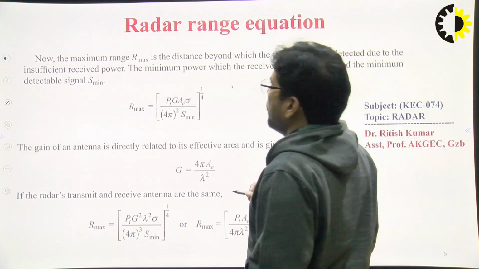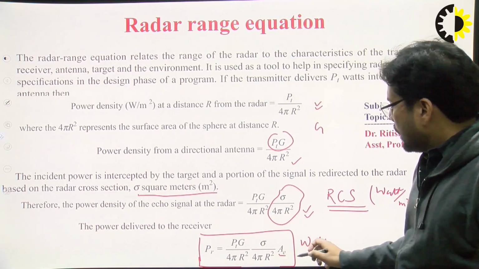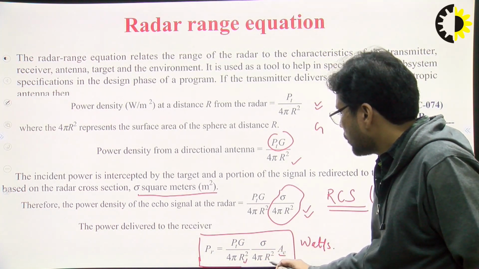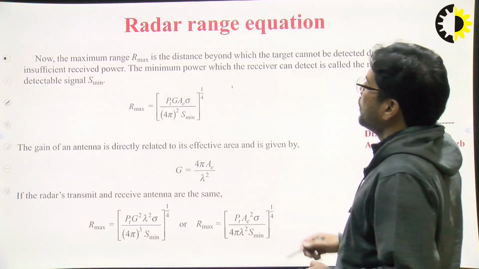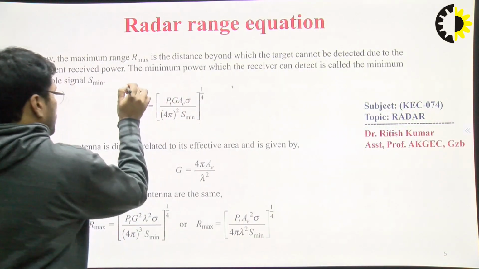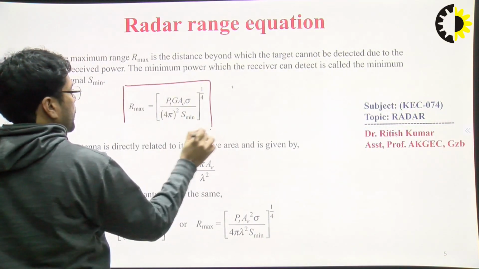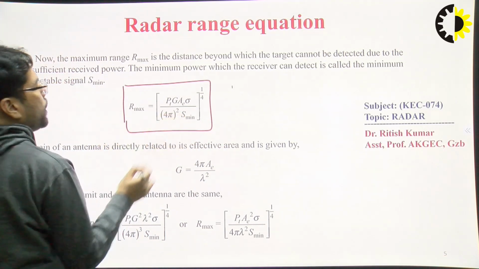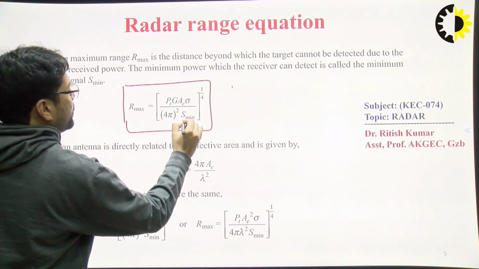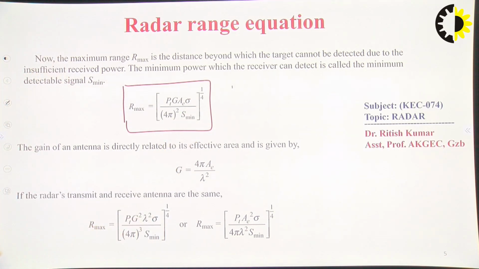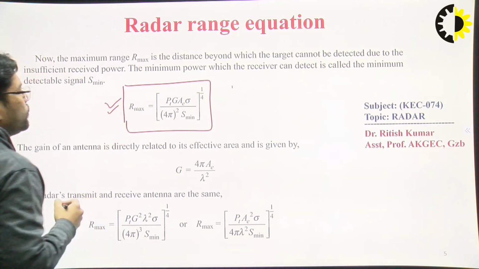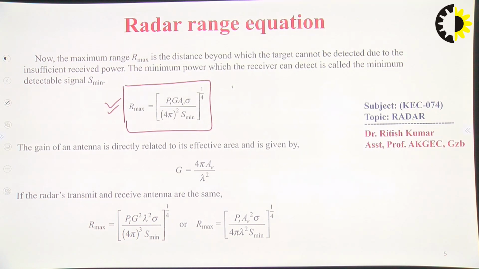From the previous formula, we can directly find the equation of R maximum. R max is equal to the fourth root of Pt Gt Ae sigma upon 4 pi squared S minimum, where S minimum is the minimum detectable power. This is an important equation that you need to remember. This is the maximum radar range equation.